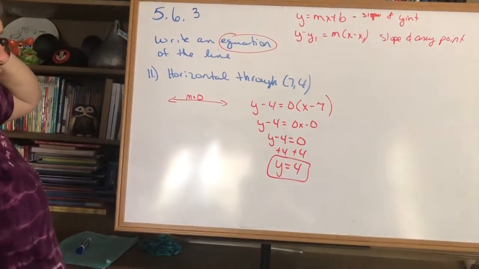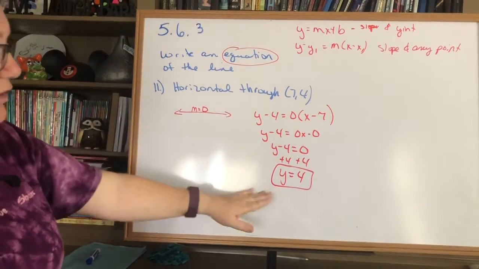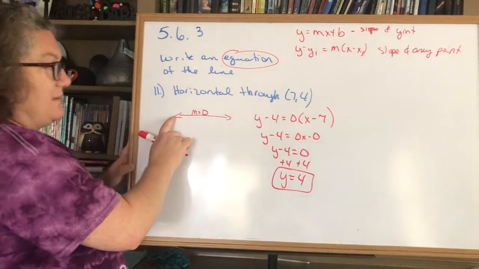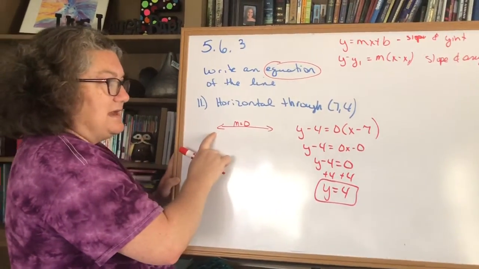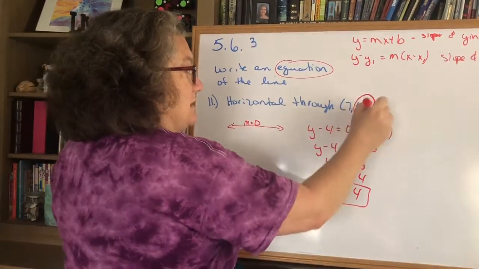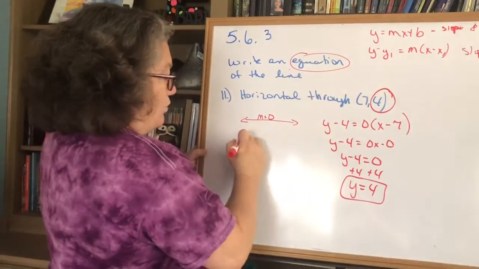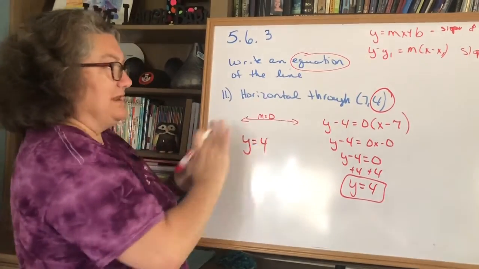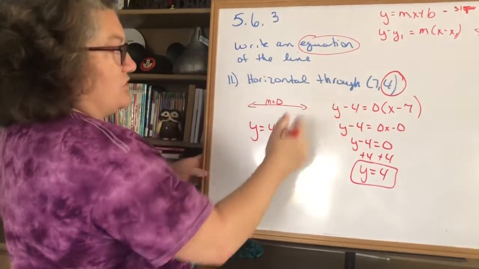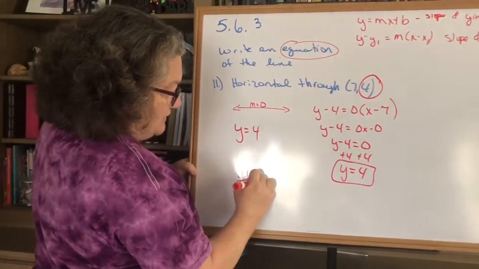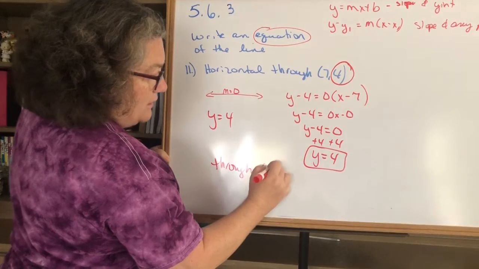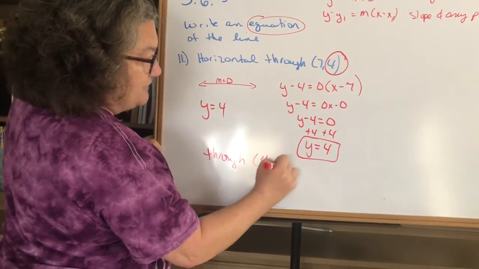Now I went through it the long way just so that you can see the reason why, but any time you have a horizontal line, the equation is always going to be your y. It would just be y equals 4. It doesn't matter what it is. So I could say horizontal line through (4, negative 2).